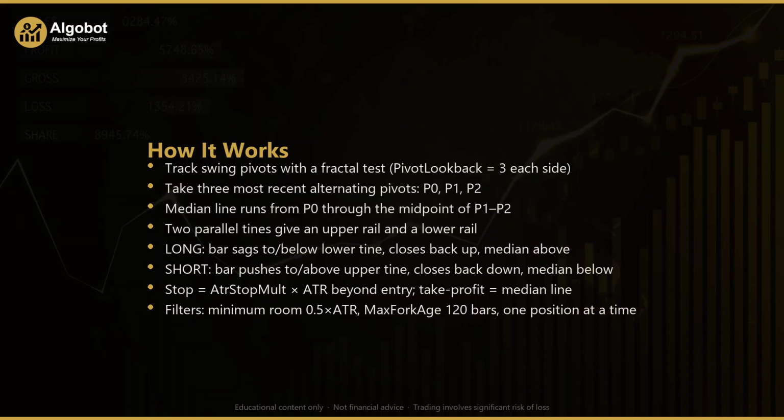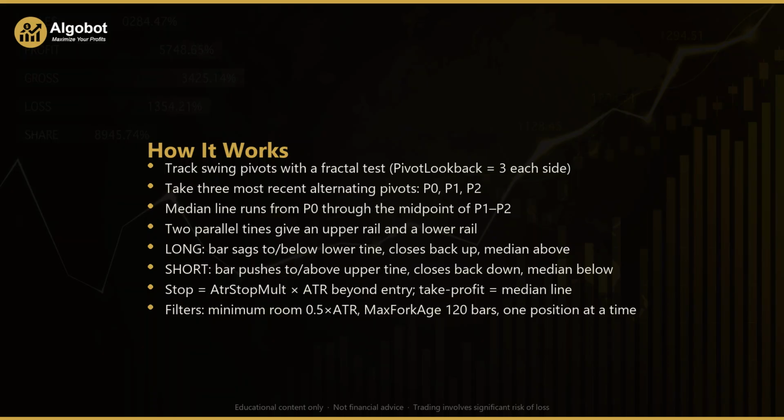Now the entries. For a long setup, the strategy signals when a completed bar sags down to or below the lower tine, and then closes back up compared with the prior bar's close. That combination, reaching the rail but closing higher, is read as a rejection of the lower rail. The strategy also checks that the median line sits a worthwhile distance above the current market before acting.